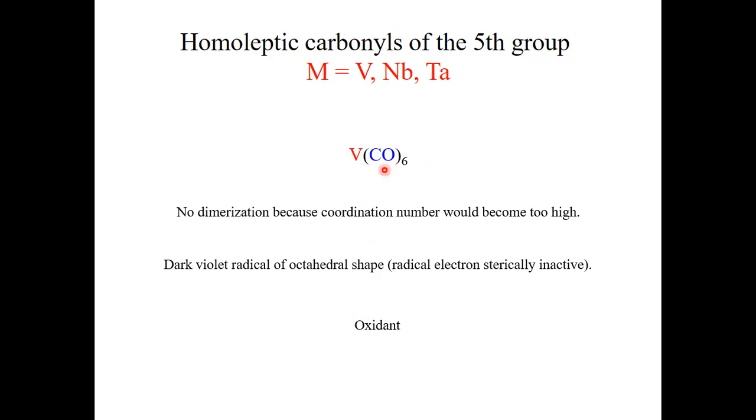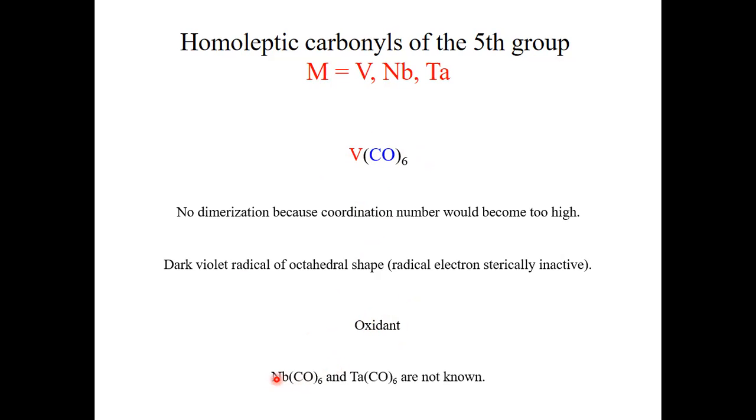So the vanadium hexacarbonyl is therefore known to be an oxidant. It likes to accept electrons from other chemicals it reacts with, and it can also be used as an oxidant in synthetic chemistry.